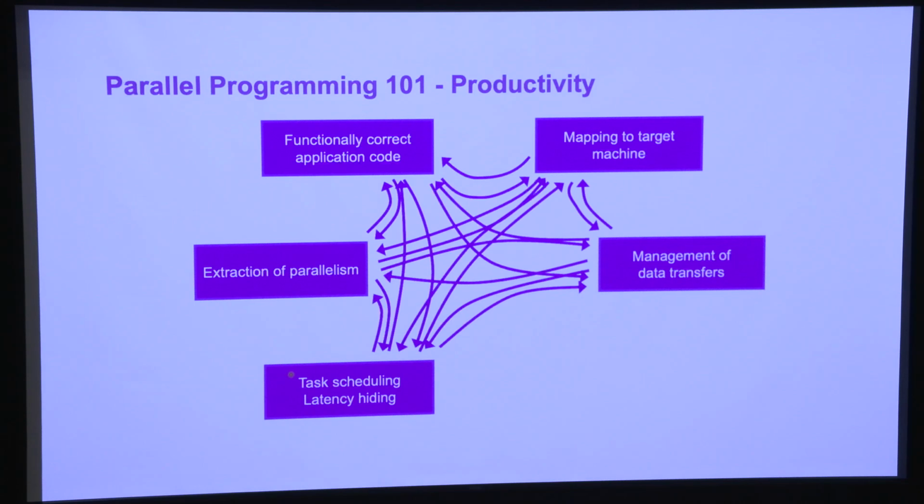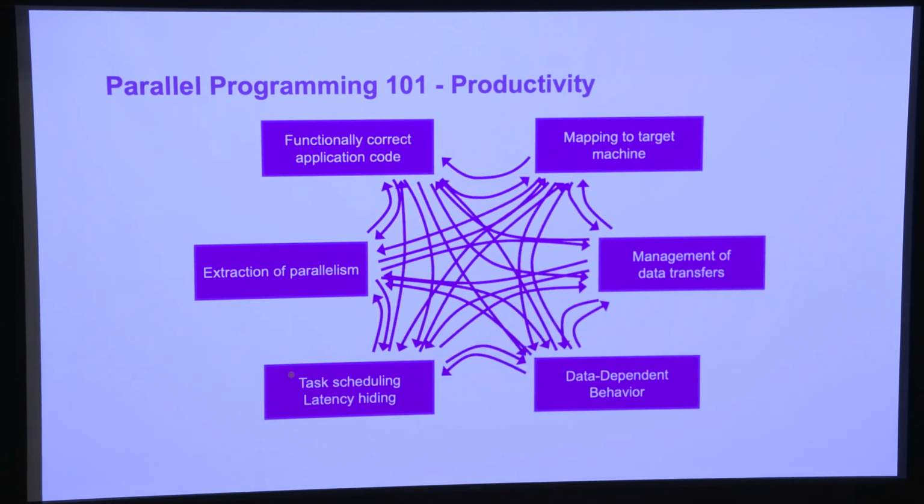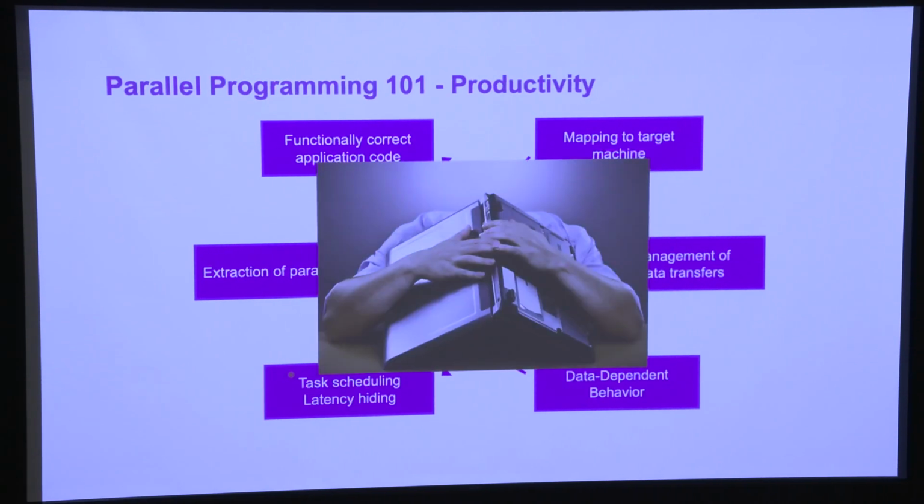We have to schedule tasks so that we can hide latencies, and then do this all over again because a lot of this behavior depends on your data, right? How complex, how stiff, how large, how many species. So it's data dependent, unfortunately. So a lot of people give up because it's too complicated for one person to wrap around their head.